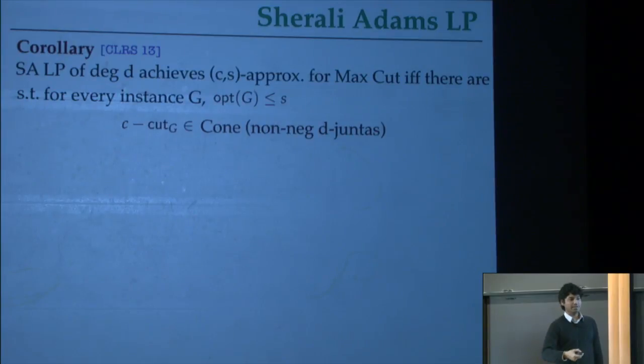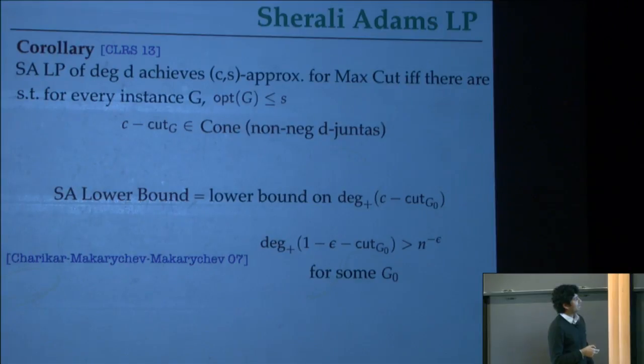So the v_1, v_2, ..., v_r are going to be just conjunctions of length at most d, okay. In particular, a Sherali Adams lower bound means that this C minus cut function over some graph G naught has a large non-negative degree, okay.